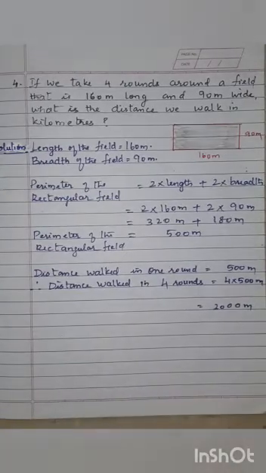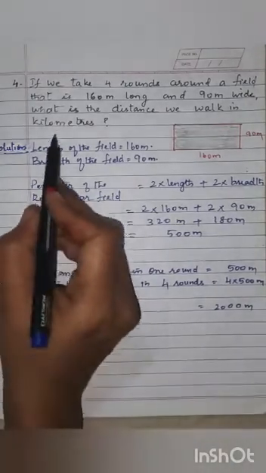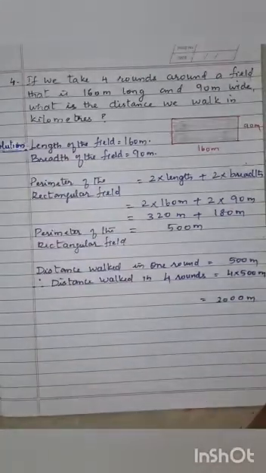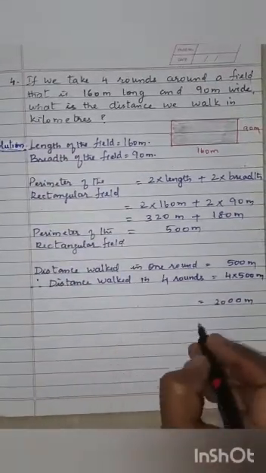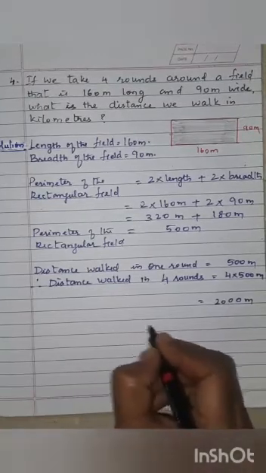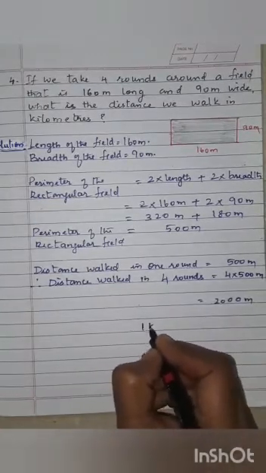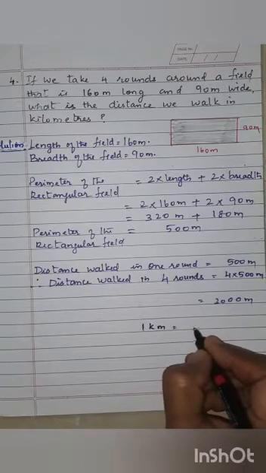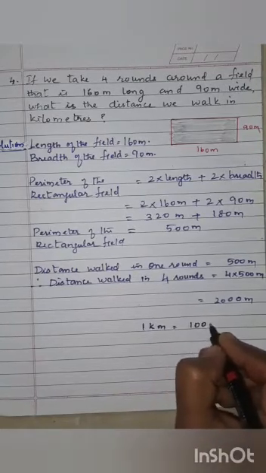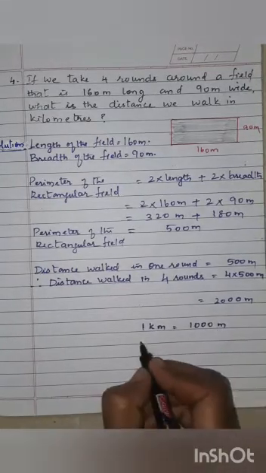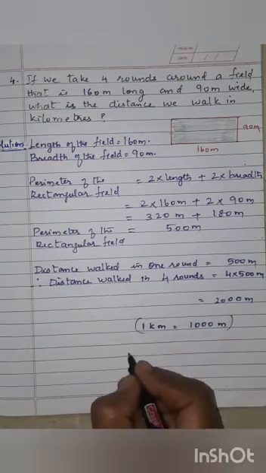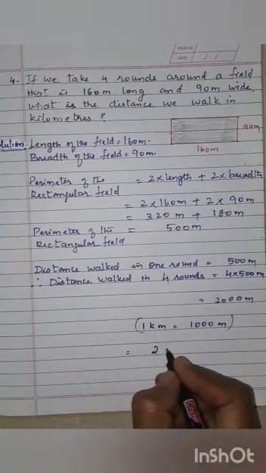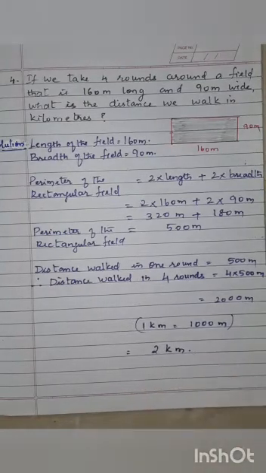So 2000 meters means, children, they want us to find the answer in kilometers, and we got the answer in meters. And you know that, children, in 1 kilometer we have how many meters? It is 1000 meters. Okay, so 2000 meters means what, children? It is 2 kilometers.